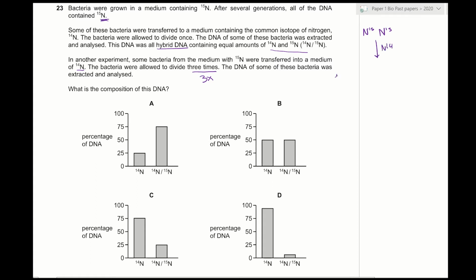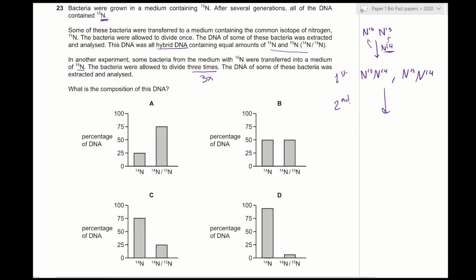So in the first division, it's going to form N15, N14, and N15, N14, because we're adding N14 to each of these. Now, for the second division, as it is mentioned here, all the DNA was hybrid. So this is hybrid DNA containing both N15 and N14.